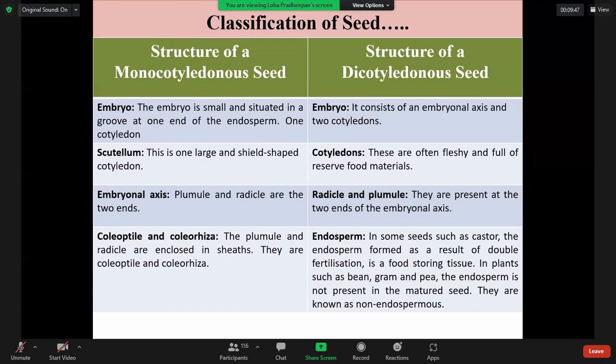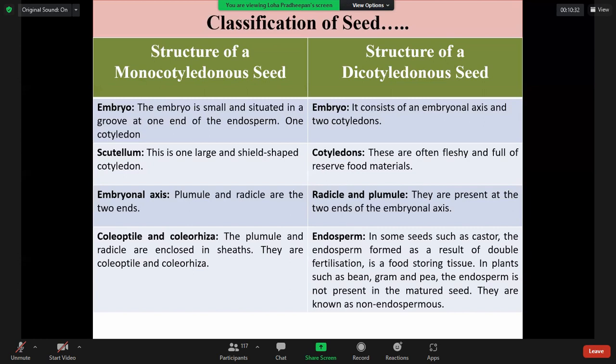In dicot, the endosperm, especially in some seeds like castor, is formed as a result of double fertilization, and it has food-storing tissues. In plants like beans and pulses, the endosperm is not present in the mature seed. That type of seed we call non-endospermous seeds. So even in dicot, there are endospermous seeds as well as non-endospermous seeds.